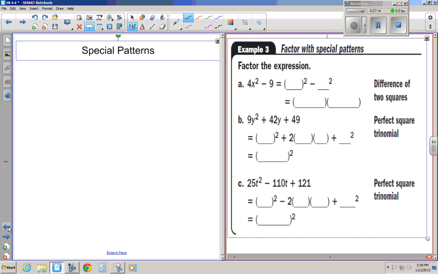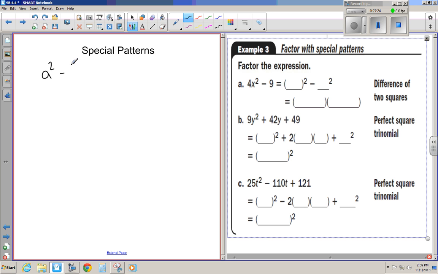All right, there are some special patterns for this that we need to remember. There was this that we dealt with in a squared minus b squared, and this was just the opposite sign of all this.